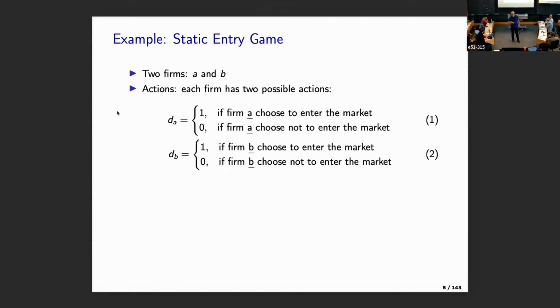It's a very, very simple static game. I think it's sufficient to illustrate some of the issues that arise when you want to estimate models with multiplicity of equilibria. So we have two firms, A and B, and both of them just take binary actions: whether or not to be active in the market. So you have D_A, that's one if firm A is active in the market, and D_B, that's equal to one if firm B is active in the market.